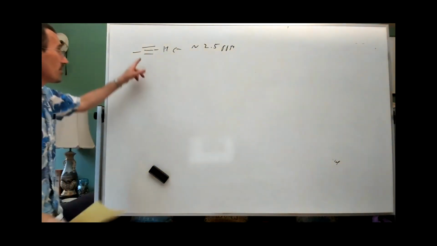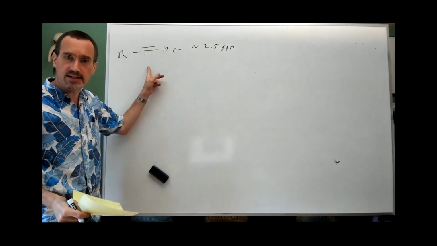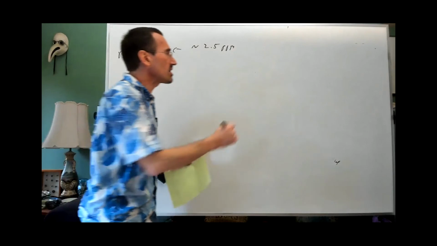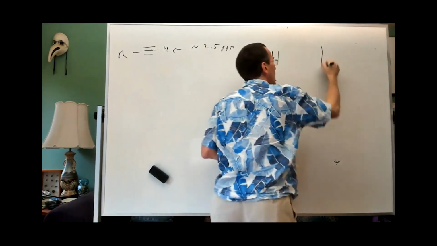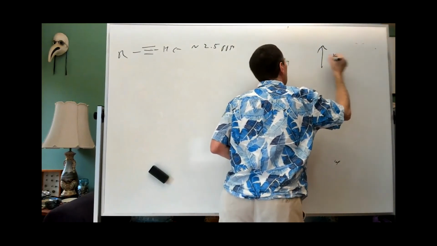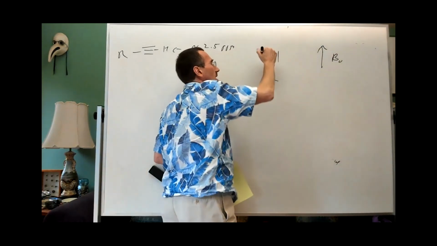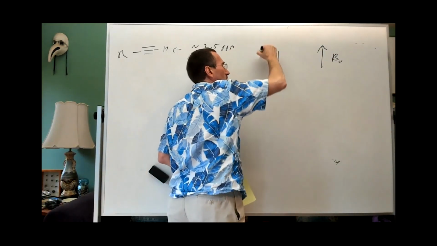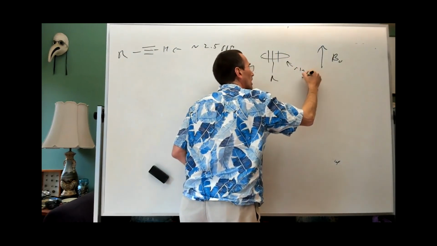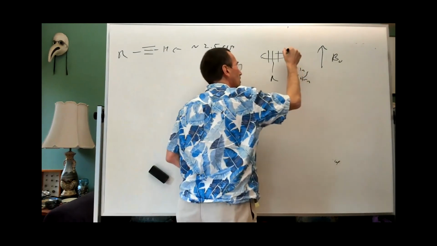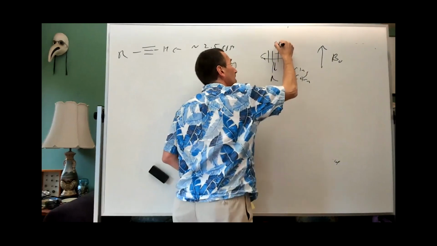And your first thought might be, wait a second, this hydrogen is on a triple bond, that should be like a double bond. If you want to think about it in the same sense as a ring current, you can. Here's your applied magnetic field. You've got this cloud of electrons, and that cloud of electrons generates a ring current, and that ring current opposes the applied magnetic field.